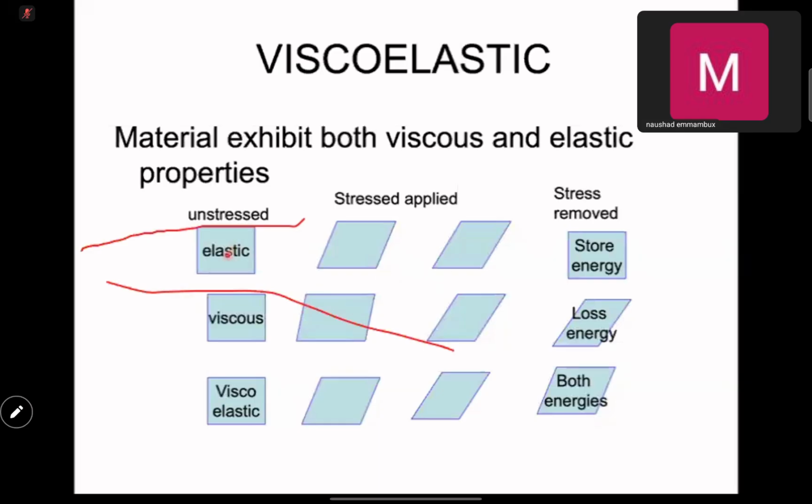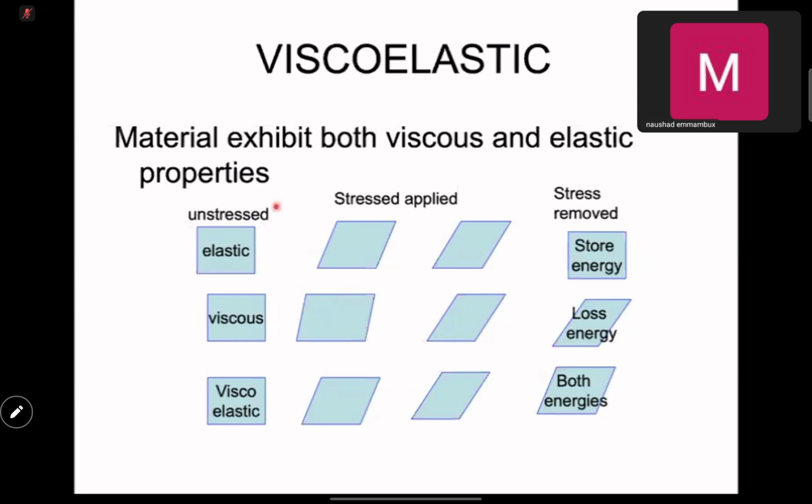If you have an elastic material, for example a cube or a cylinder, and you apply a stress, such as a shear stress, then remove it, it goes back because it has lots of storage energy. A viscous material mostly loses energy, has permanent deformation, and flows. Viscoelastic has both the storage and the viscous portion.